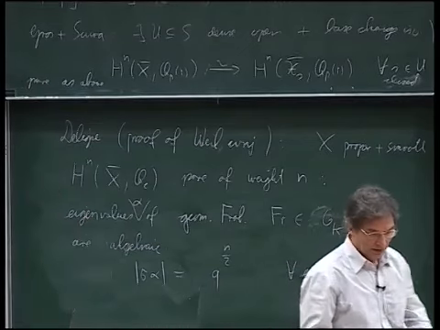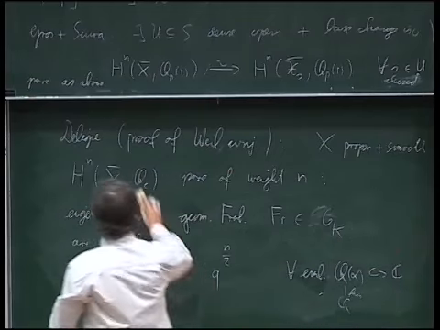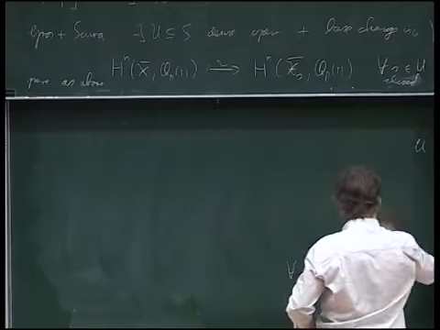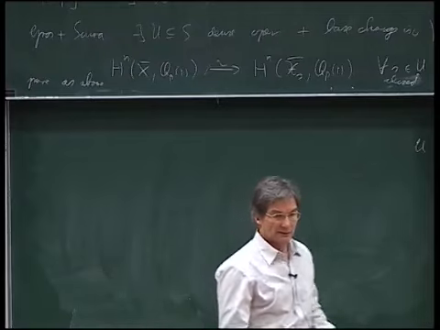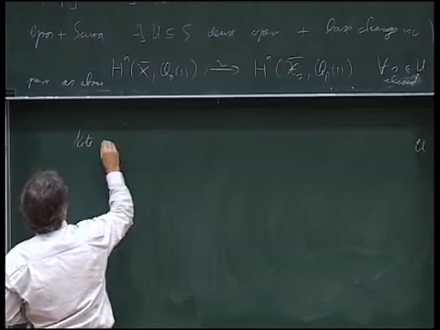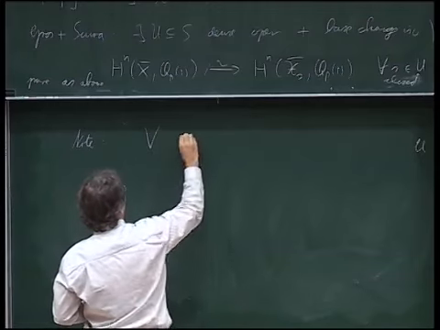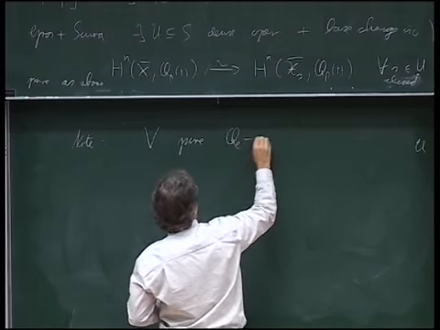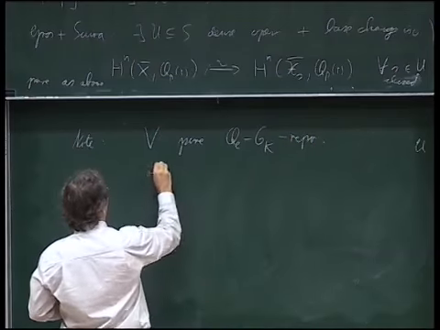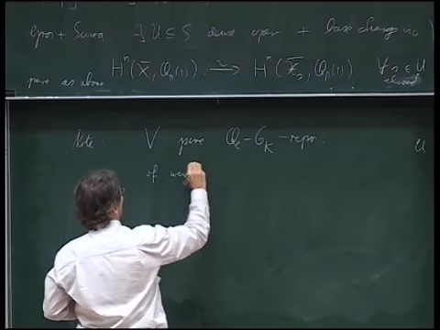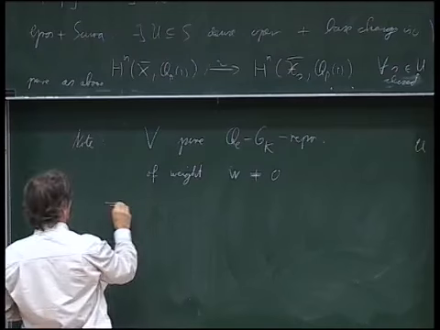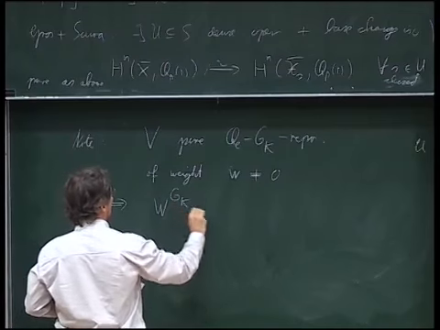Okay, purity. So what does it help, this purity? Well, still in this finitely generated situation. So note, if V is a pure Q_l G_K representation, finite dimensional, and of weight w, which is non-zero, then the fixed module is 0.